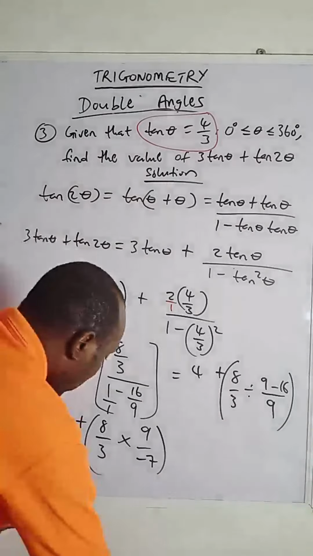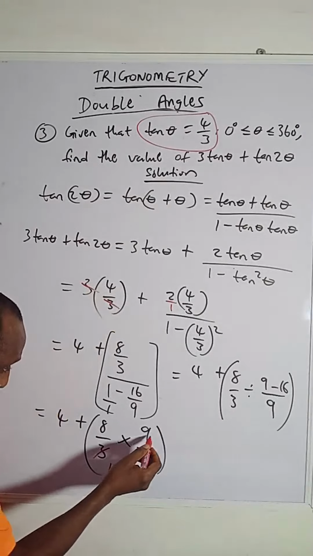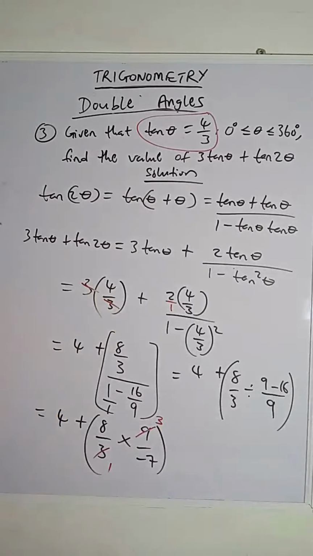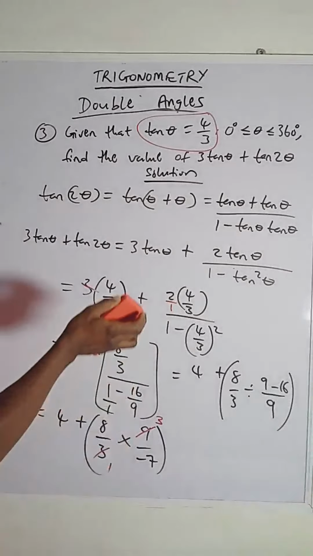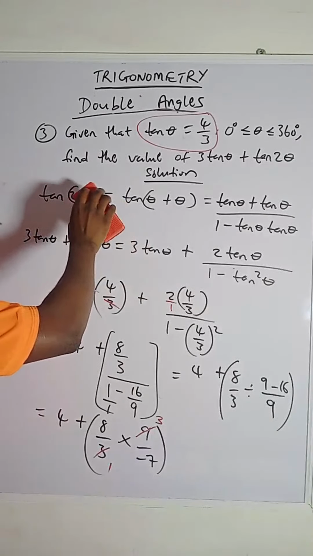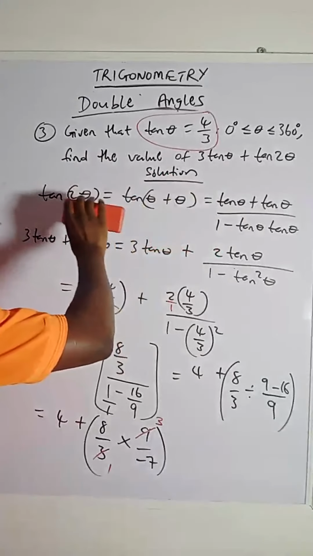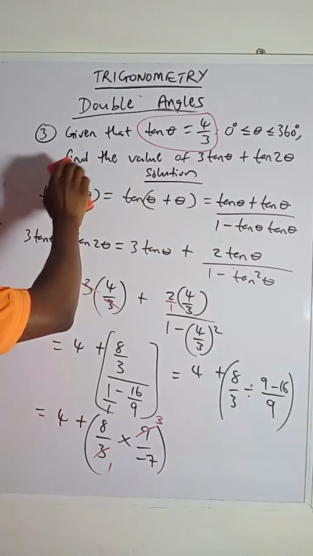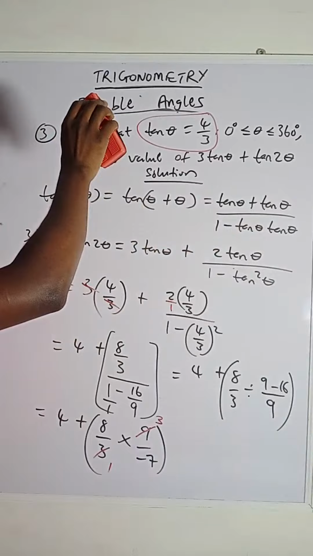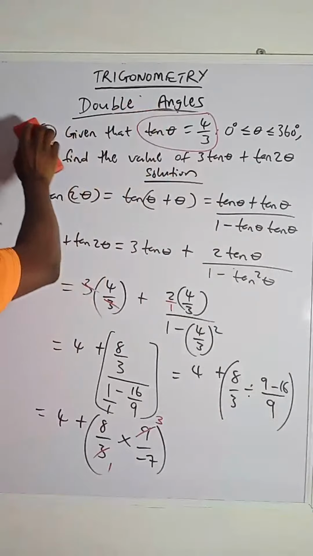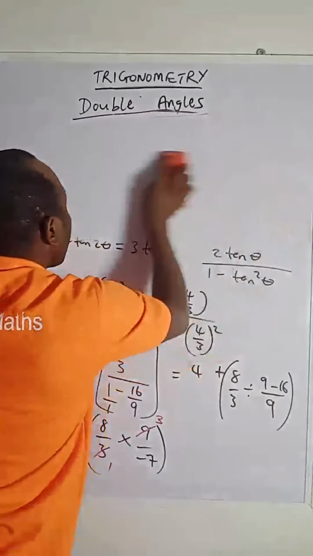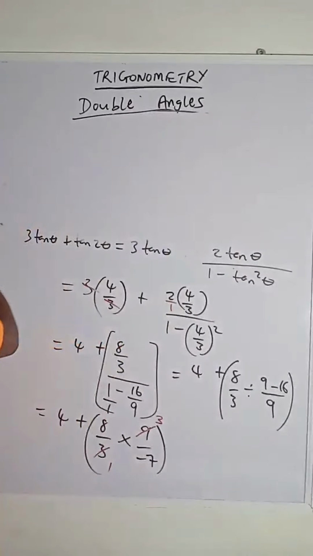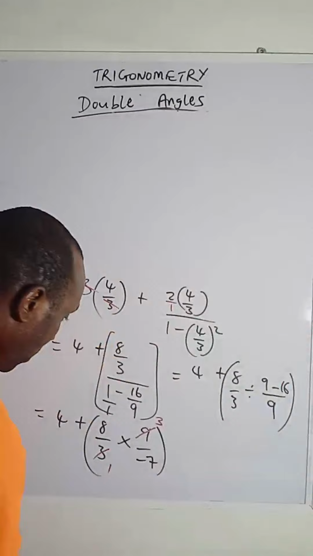So I want us to simplify this. 3 into 9 is 3. I think I should clean what I have up here. I don't like doing this, but let's just clean this. We already know what we're looking for. So we are here already.